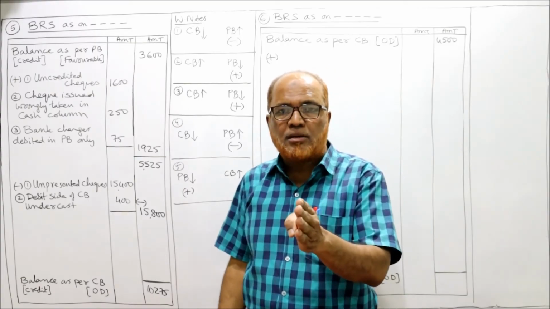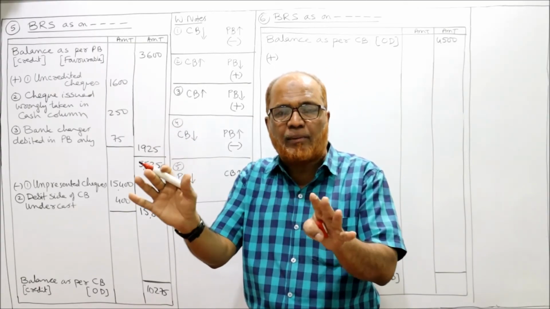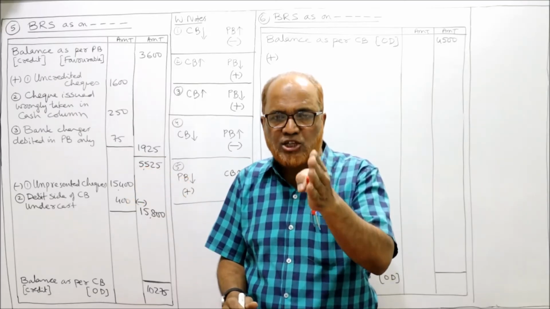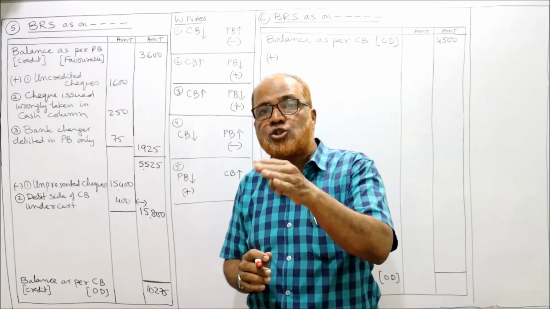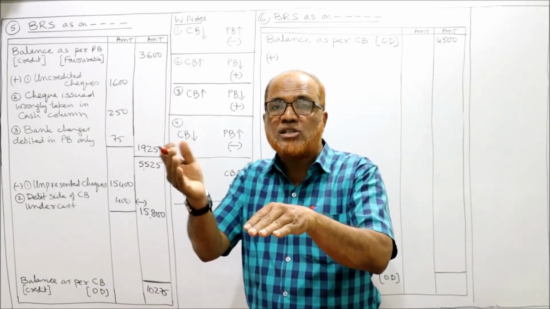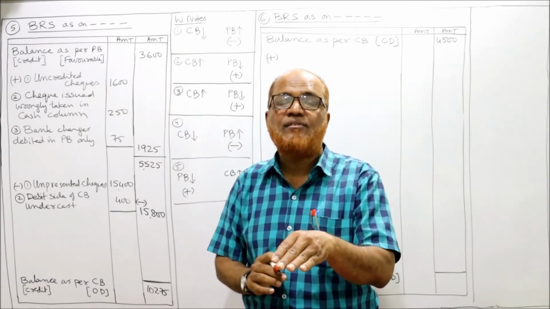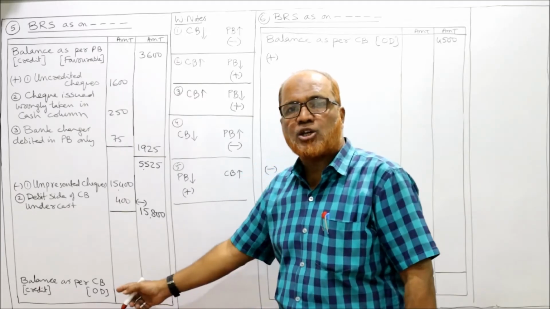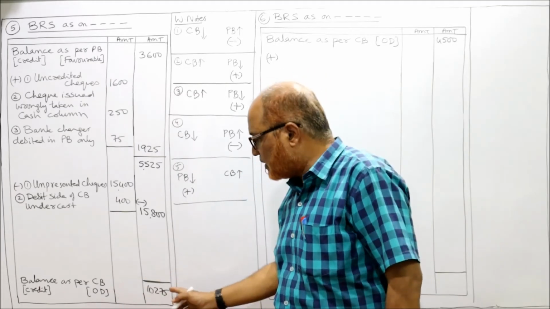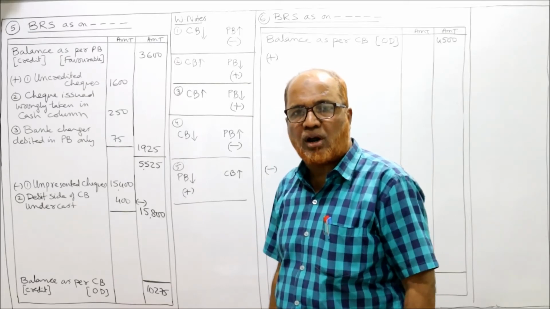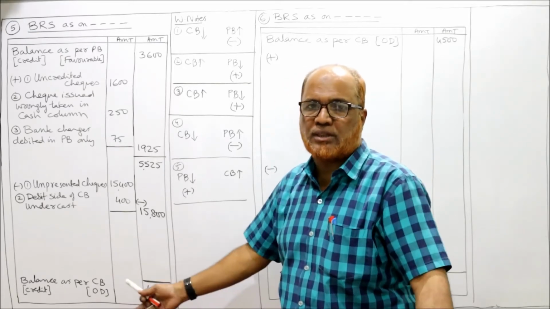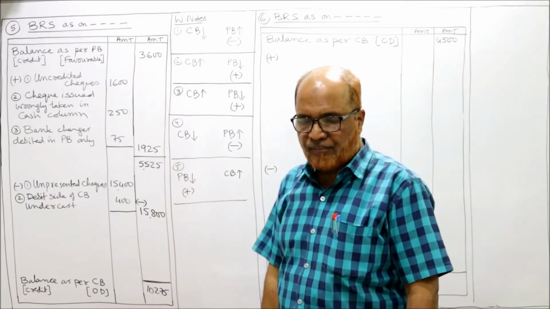Cash book debit, passbook credit is favorable. If cash book credit, passbook debit is unfavorable. So here cash book I am getting credit balance. So it is an overdraft. This is the bank balance overdraft as per the cash book. That's it. This is the fifth problem.